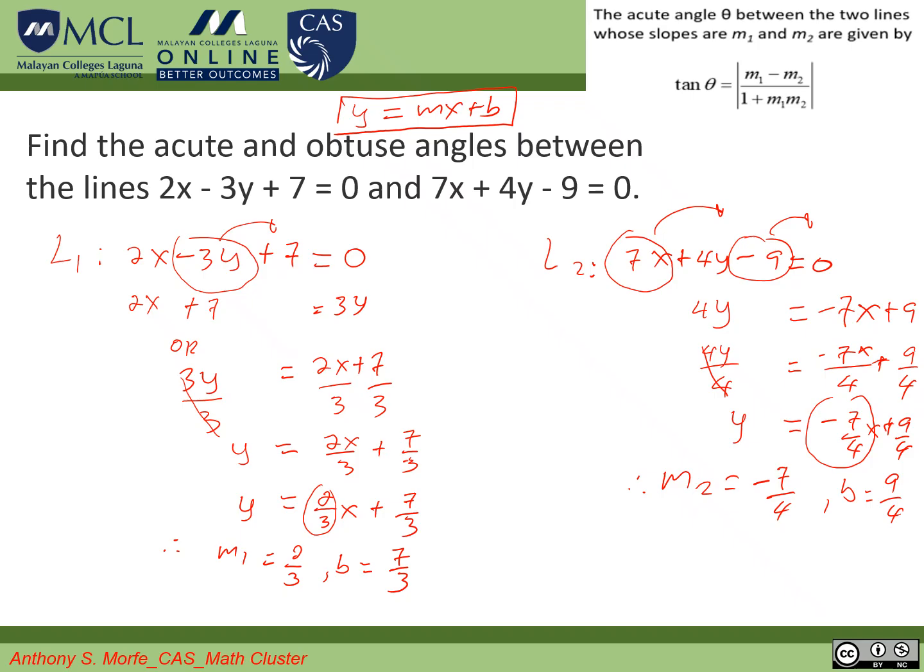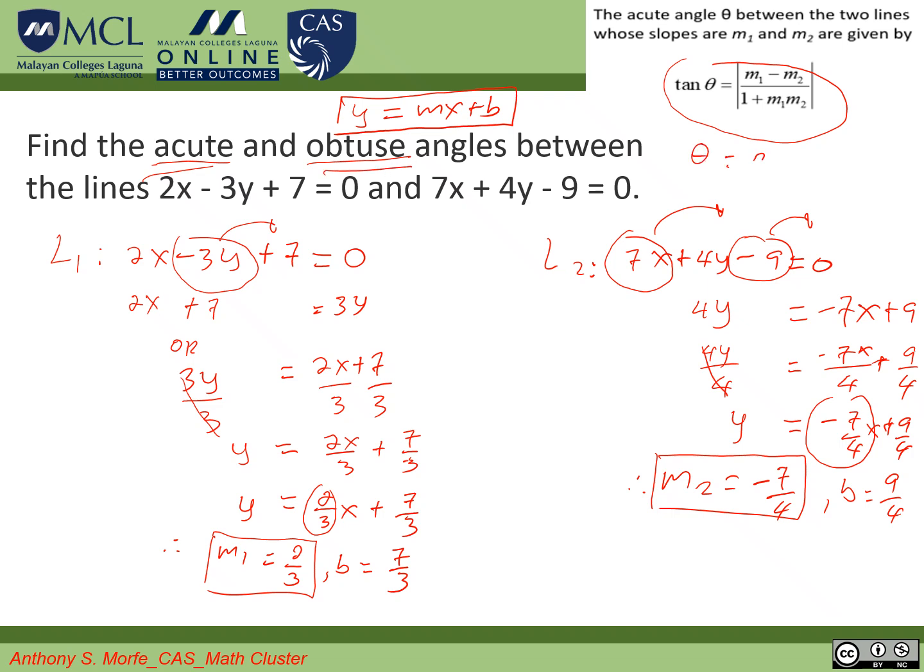So we are just asked here, class, to find the acute and obtuse angle. Once we get the slopes, we just use the formula. What is the formula? Tangent of theta is equal to... So we are asked to find the acute or obtuse angle, meaning we have to find theta. So how to find theta? First, you solve for the right side.